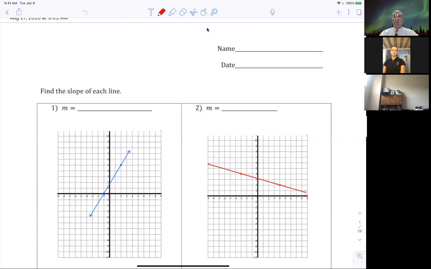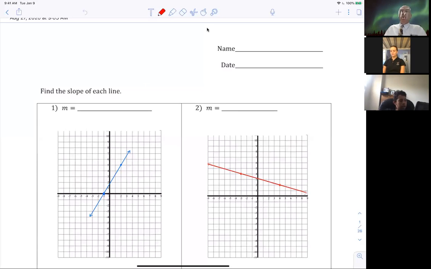This is obviously just the introduction. You'll be writing the equations of lines in every math class that you take. So learn it today or relearn it, and then you will do much better in the future.